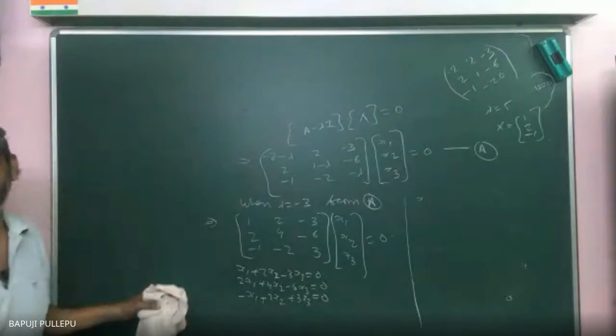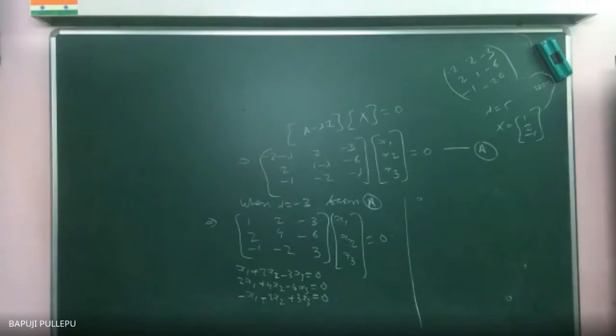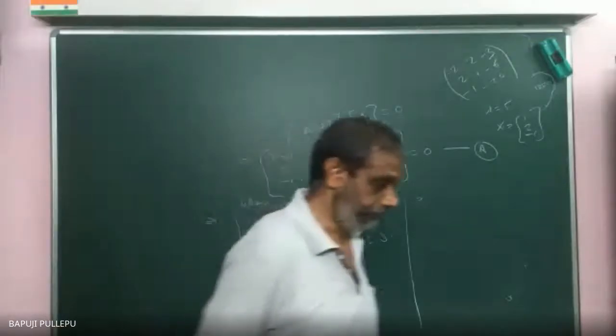If you write this problem like previous, x1, x2, x3, what will you take? Sir, won't it be minus x1 minus 2x2 plus 3x3 equal to 0? Third equation. Okay. Thank you.